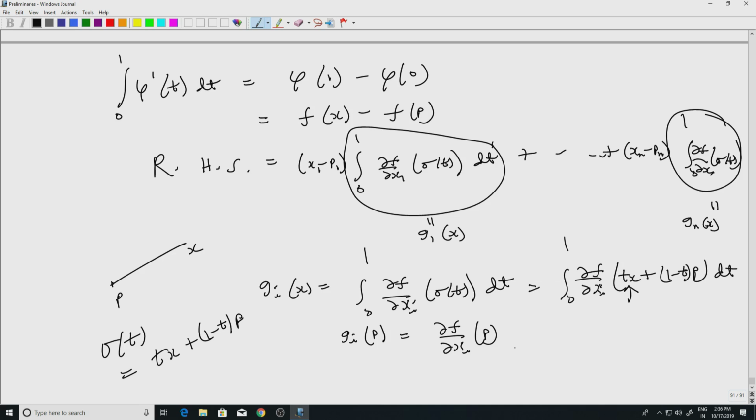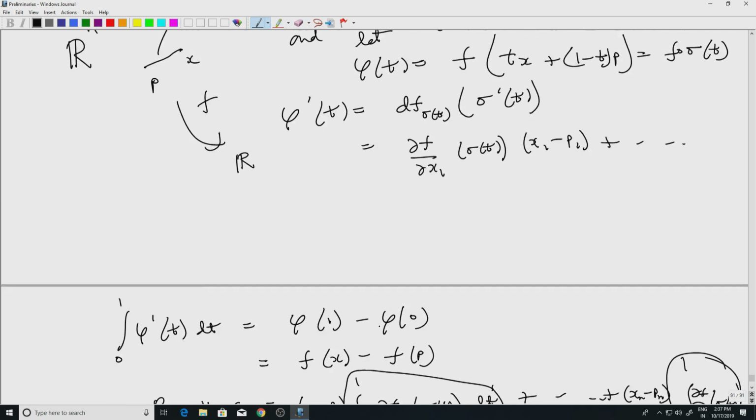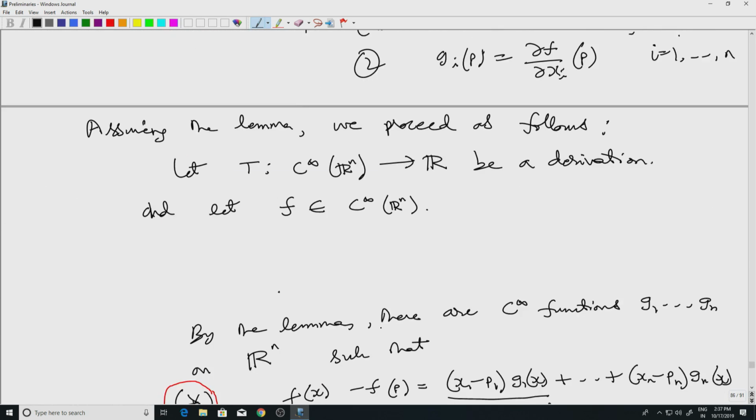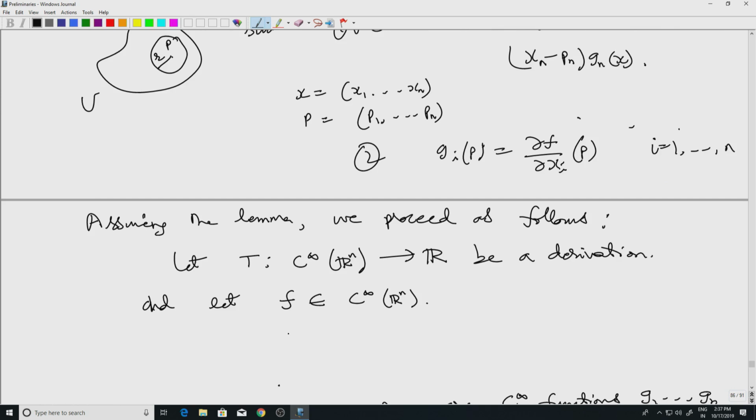The dependence on t goes away, so I can put it outside the integral sign and integrate 0 to 1 dt, which is 1. So that proves the lemma, and therefore we have the theorem as well, that every derivation is actually the directional derivative of a unique v in Rn.